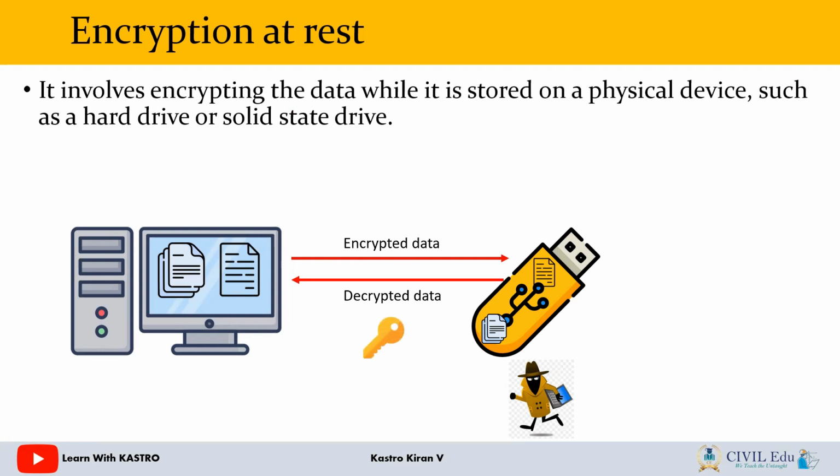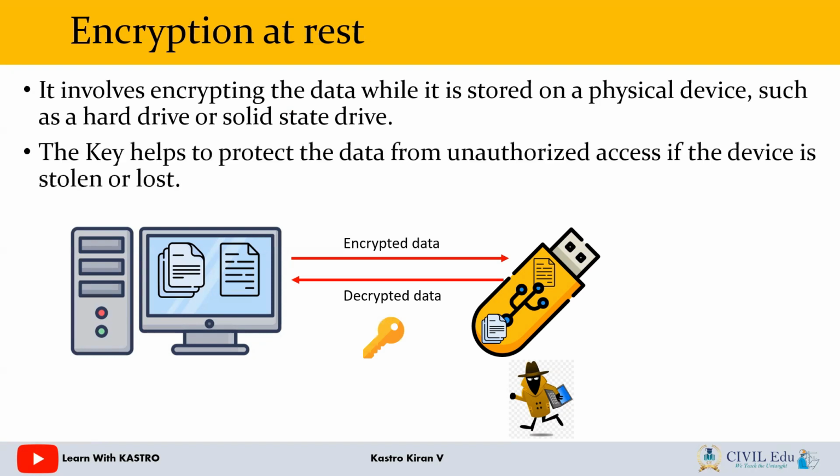Without this encryption key, it is not possible to encrypt or decrypt the data. So even if the pen drive is lost, the person should have the encryption key in order to access or read the data available in the pen drive. This encryption key helps to protect the data from unauthorized access, even if the device is stolen or lost. This is called encryption at rest.